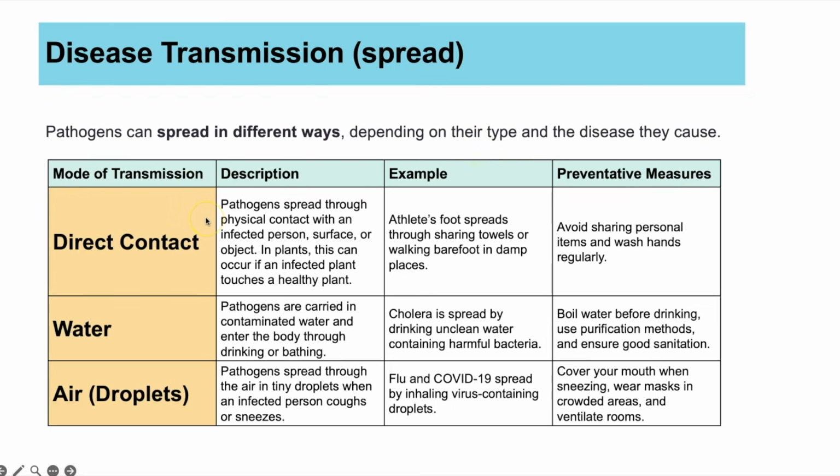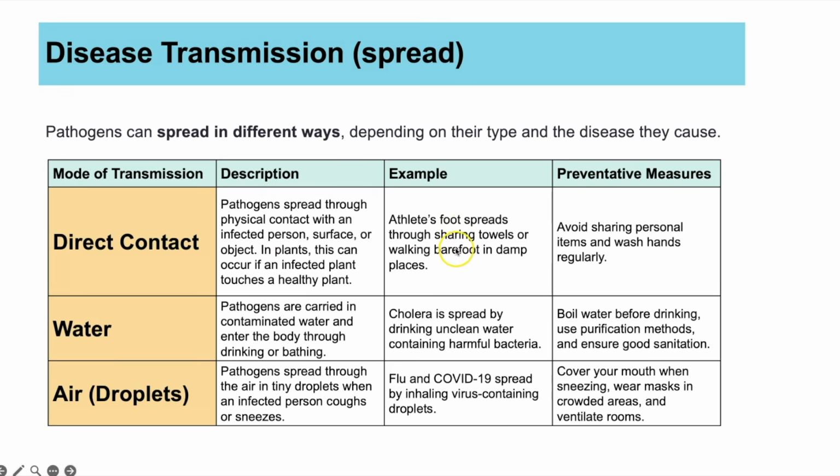The three modes of transmission that you need to know about are direct contact, transmitted through water, or transmitted through air or droplet infection. This table summarises what these types of transmission mean. For direct contact, the pathogen is spread through physical contact, and that could be touching an infected person, an infected surface or object, and this can be the case for plants as well if you have an infected leaf falling onto a healthy plant.